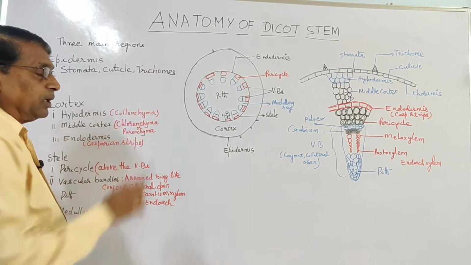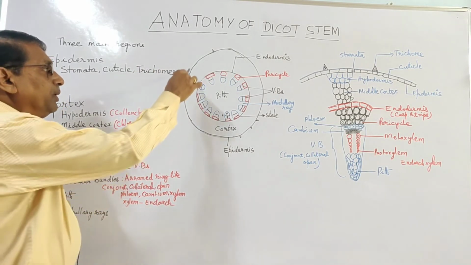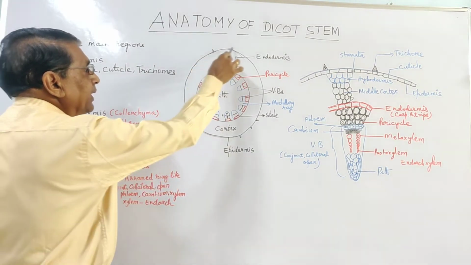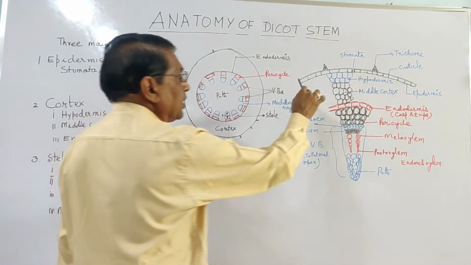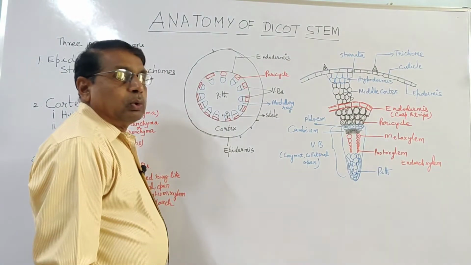The epidermis, epi means upon, dermis means skin. The stem will be covered by epidermis, which is single layered, like this. The cells are arranged in a single row, usually rectangular, never in 2 or 3 layers.